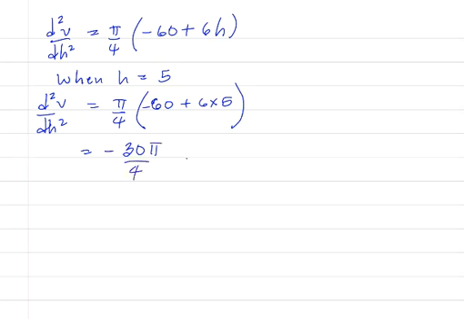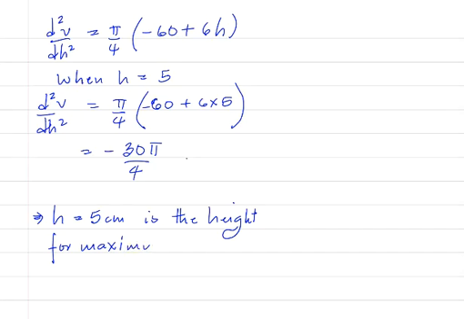The fact that this is negative, if at the stationary point d2V by dh squared is negative, means you have a maximum turning point. h equal to 5 centimeters is the height for maximum volume.